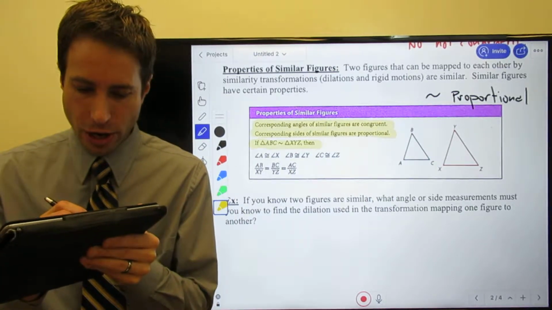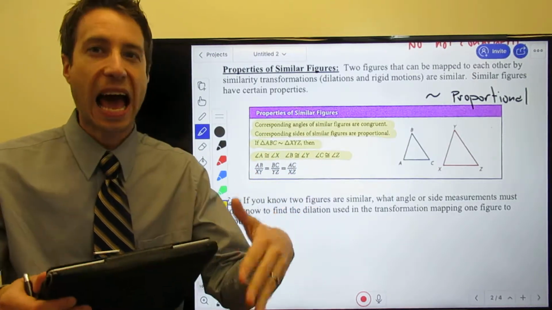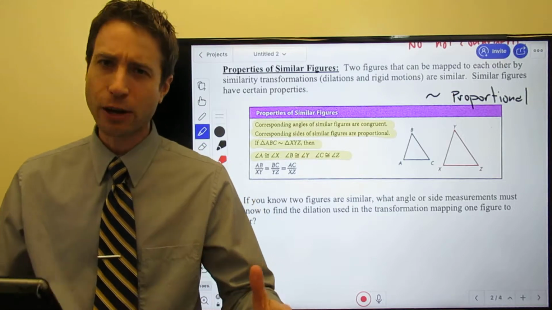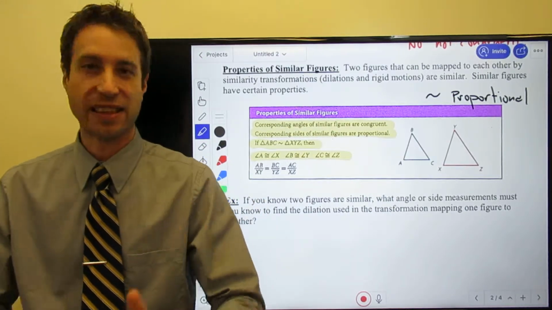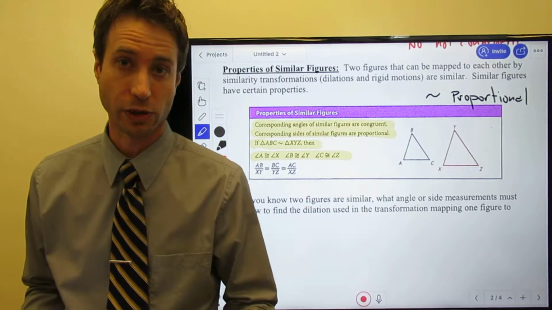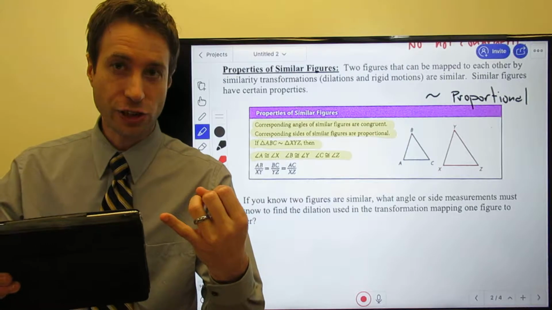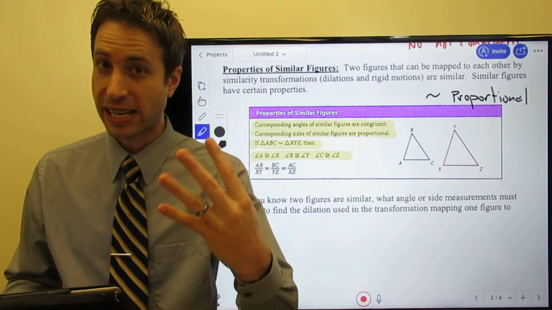Again, we already know all of the measures of the angles have to be the same. The angles cannot change, or else you'd have a different shape. And then we're not talking about a dilation. In fact, we're not talking about any of the transformations we've done so far.